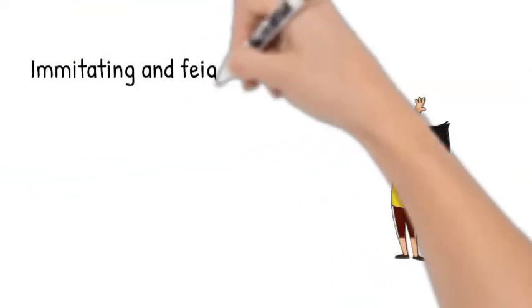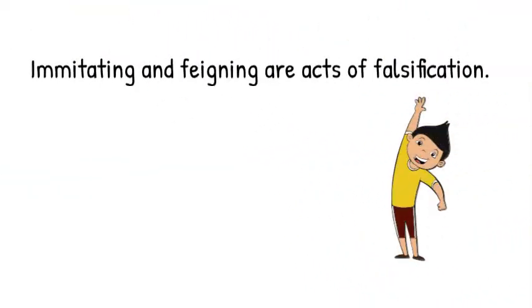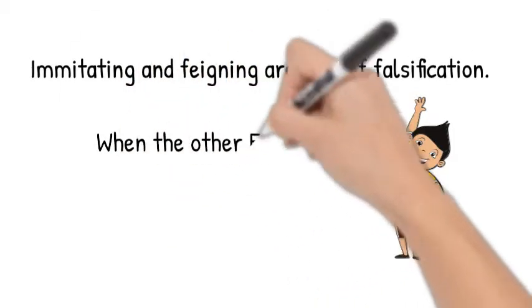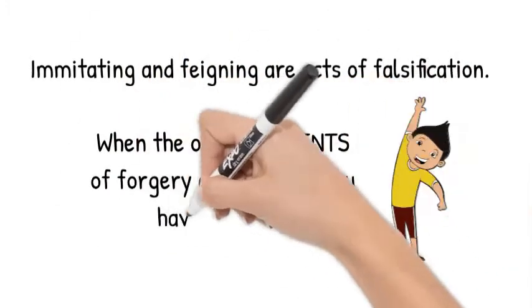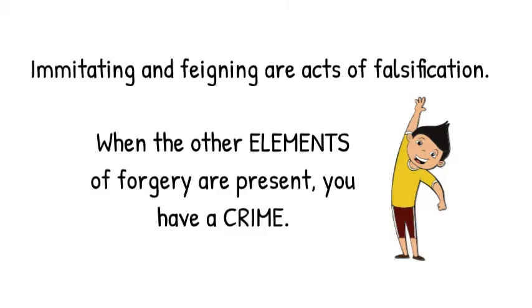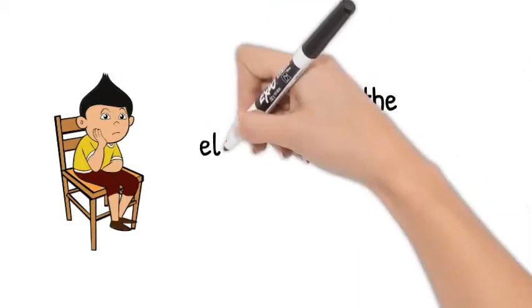Both acts of imitating and feigning are acts of falsification, provided of course that the other elements of forgery are present. But you will ask, what are the elements of forgery?